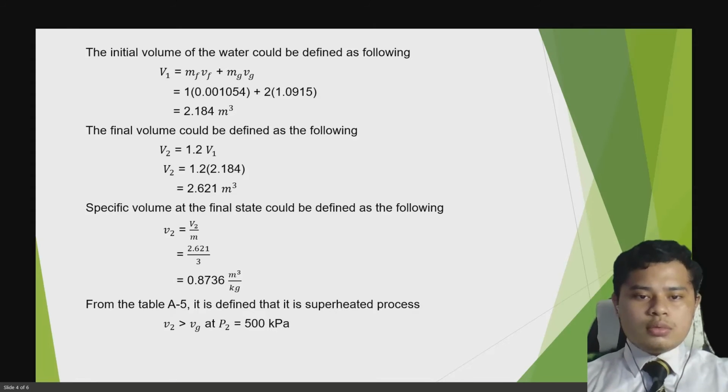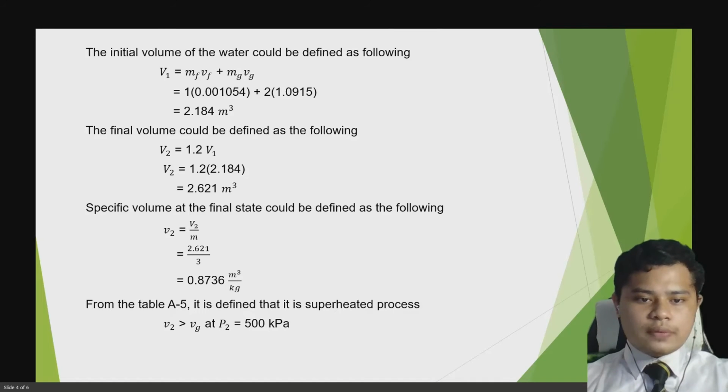We have all the values, so just put them into the calculation: 1 times 0.001054 plus 2 times 1.0915. We will get 2.184. So our initial volume is equal to 2.184 m³.